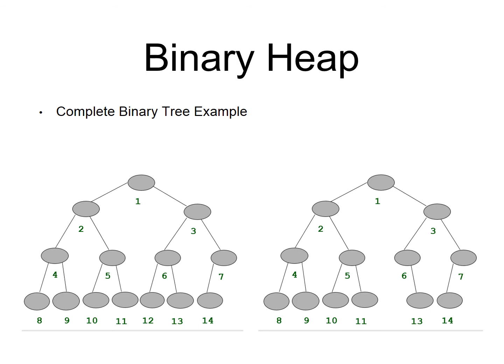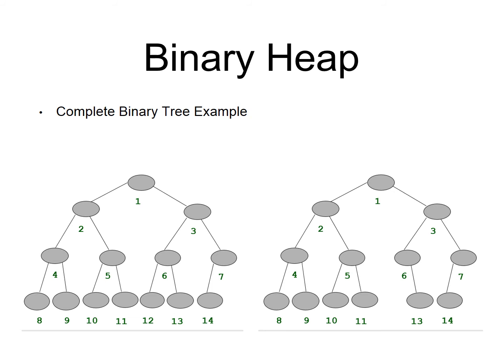Now, what is a complete tree? See how the tree is created. The first node created is 1, the second node is 2, the third node is 3. So for a root, the left child is created, then the right node is created. Now for the second node, the left node is created, then the right node. Then for 3, the left node and the right node are created.